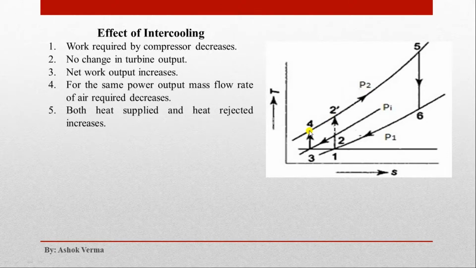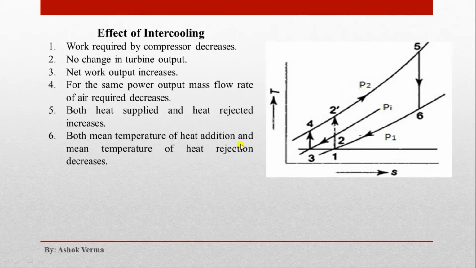So if you are using the intercooling, then you have to supply the heat from point 4 to point 6, this one. And if you are not using the intercooling, then you have to supply the heat from 2 dash to 6. So here you can see the heat supply is increasing with intercooling, and also the heat rejection is increasing, because you have to reject the heat from 6 to 2 and from 2 to 3. So both heat supply and heat rejection are increasing.